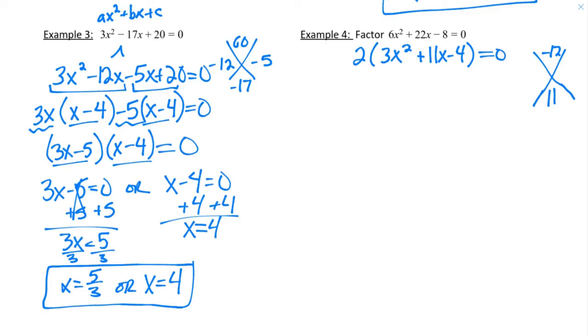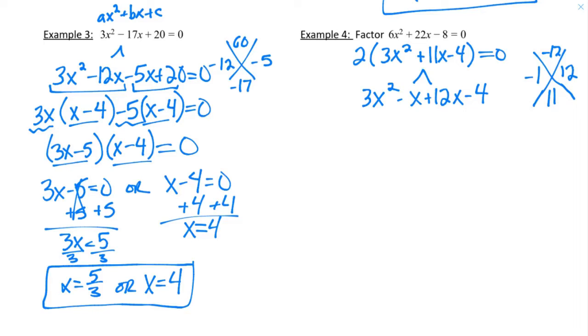So that'll help start to narrow down our factors. The factors that end up working here are going to be negative 1 and positive 12. So let's take that expression and split that middle term using those factors. So we have 3x squared minus x plus 12x minus 4.